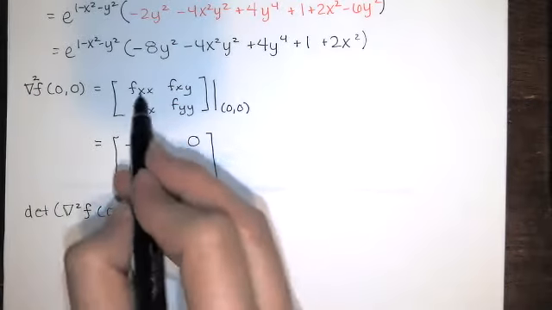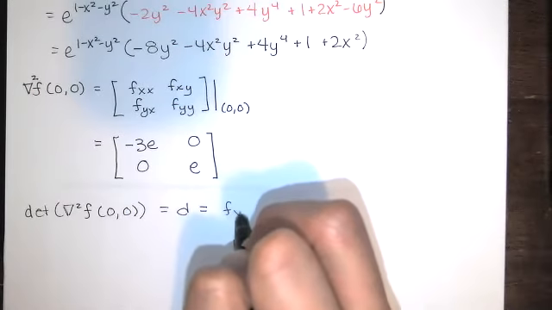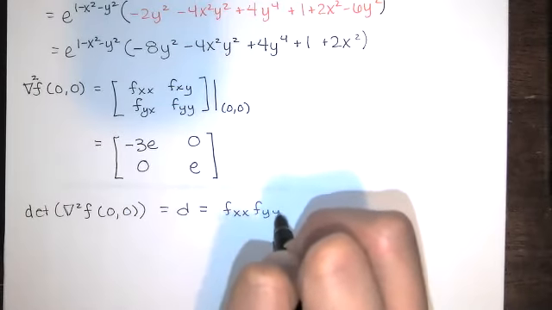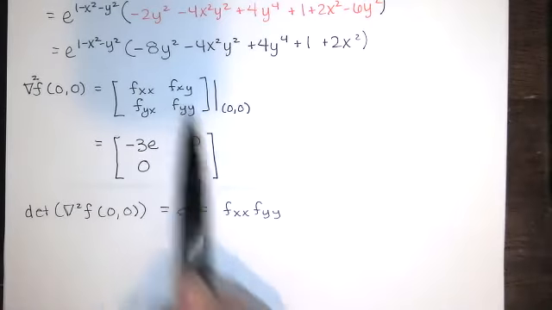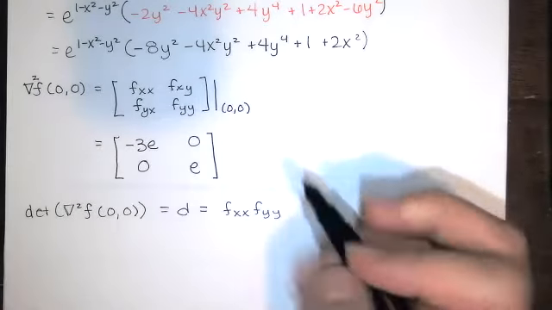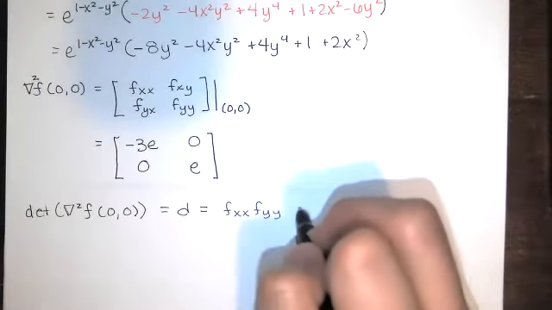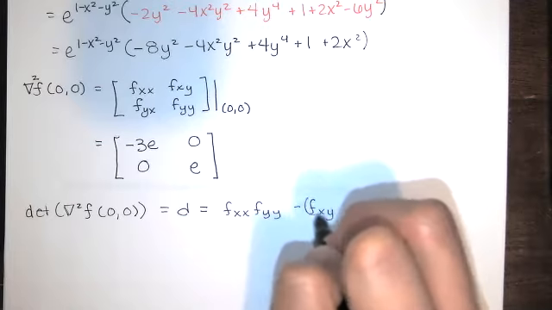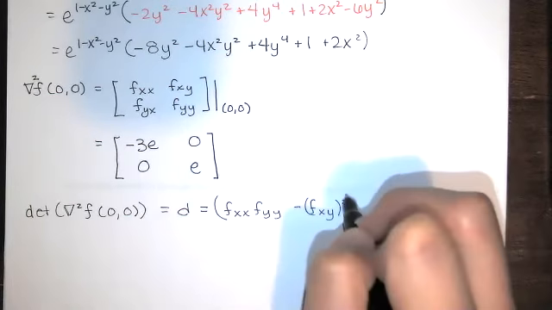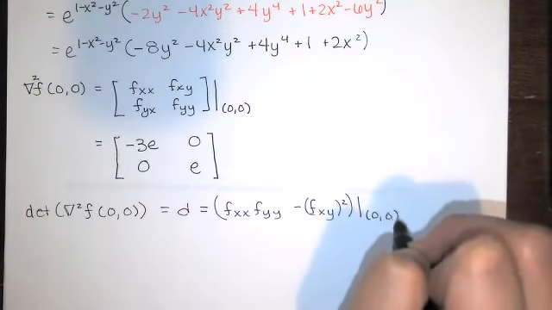It's just this expression. So that times that minus that times that. And since those are equal, sometimes it's written this way. But we're evaluating all of this at 0, 0.